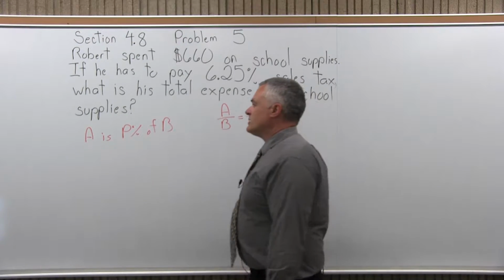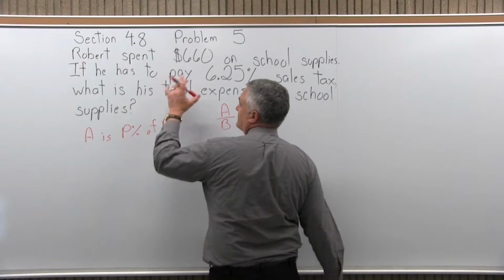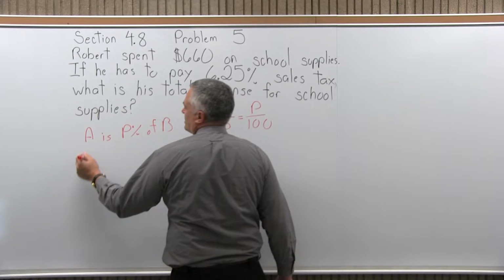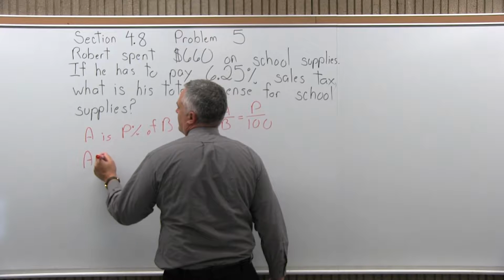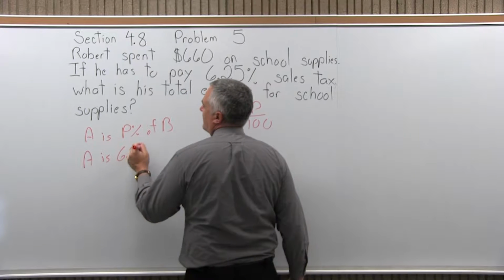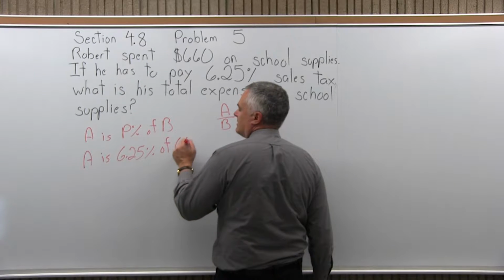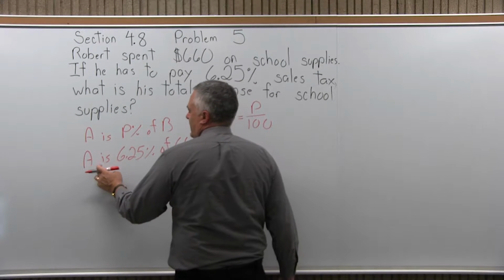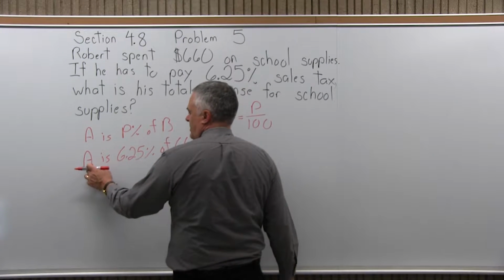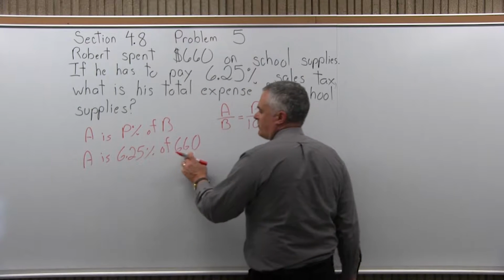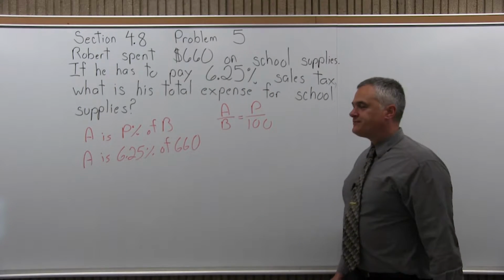I can, actually. I want to see how much tax he pays on 660. So that would be the A. A is 6.25% of 660. That's A is P percent of B. A, the amount of tax paid, is 6.25% of 660.